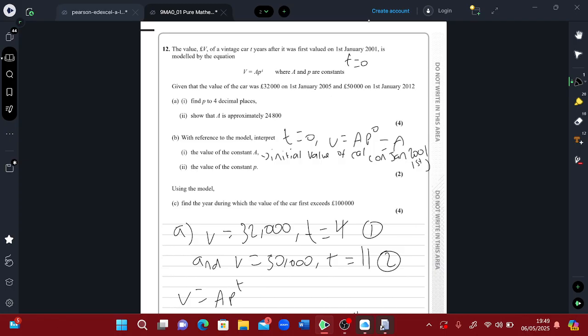This takes practice, and once you learn it the first time, you can apply it to other questions. It's kind of like a geometric series in a way. You have A P to the 0, then every year it goes up by a factor of P: A P, then A P squared. So you're going up by P every single year.